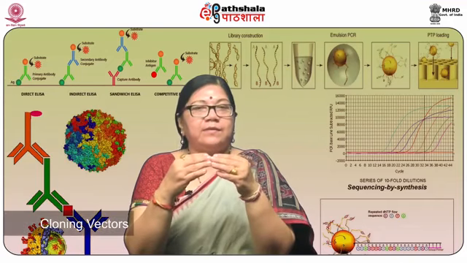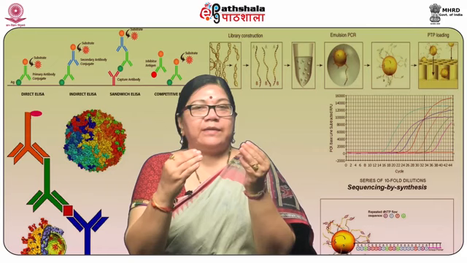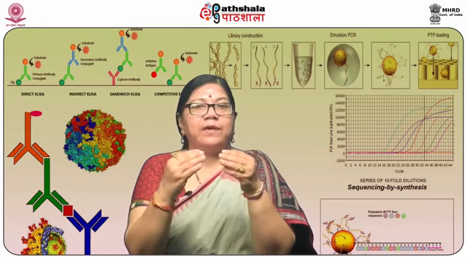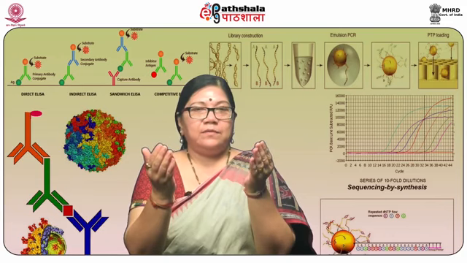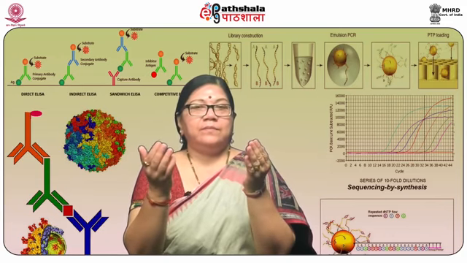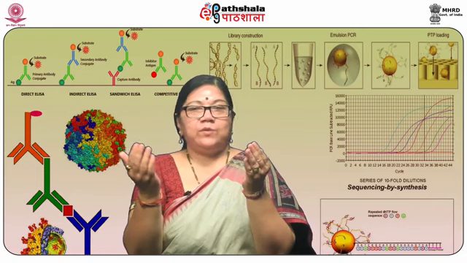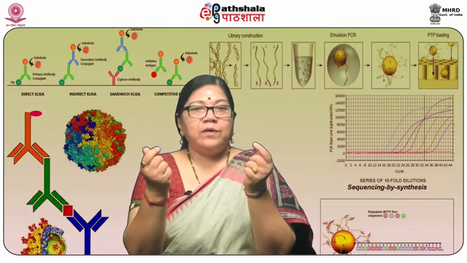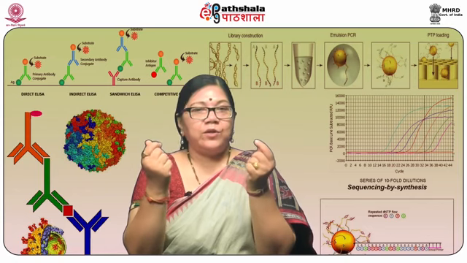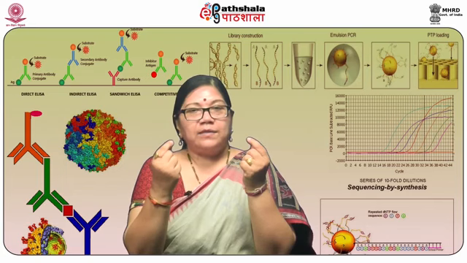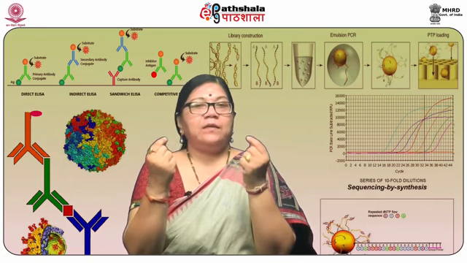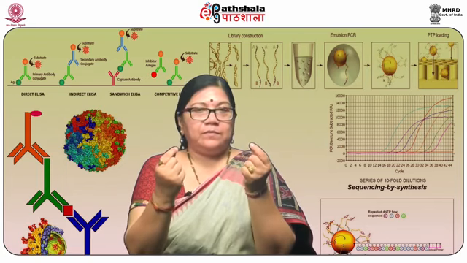So cloning vectors are the vectors used to amplify a single molecule of DNA into many copies, just like xeroxing of a paper in a machine. A cloning vector is a DNA molecule that has an origin of replication and is capable of replicating in a bacterial cell.